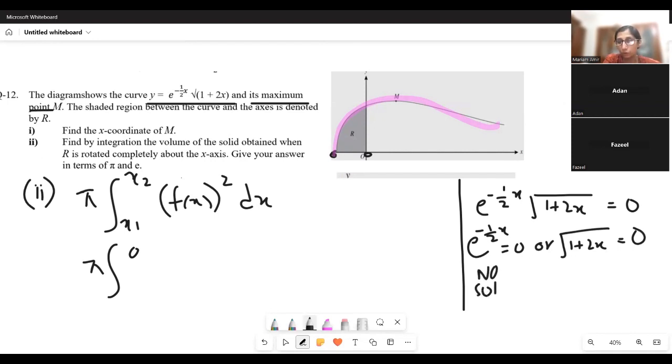Math error, so you write no real solution or no solution. Please do not end up writing math error, marks get deducted for it.